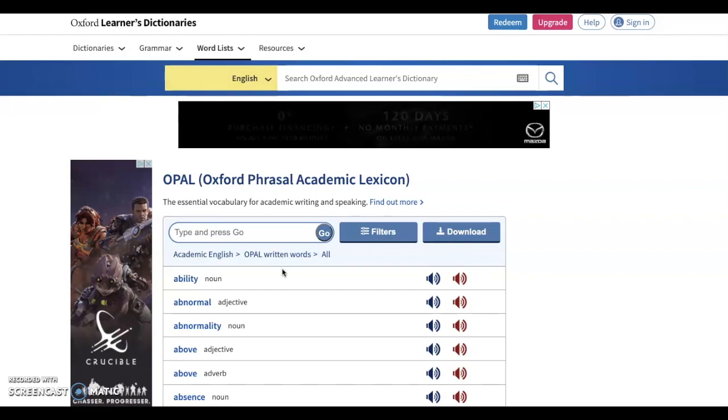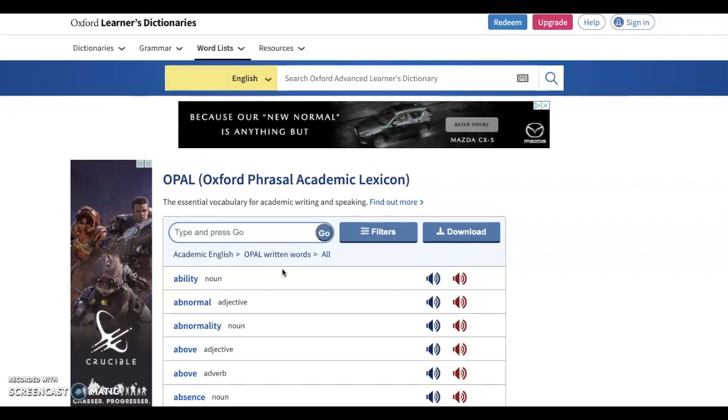And knowing how to use them can really help boost your score in those tests. So check out the lists, which you can find here on the webpage, or you can download and use on other devices, or even when you're offline.